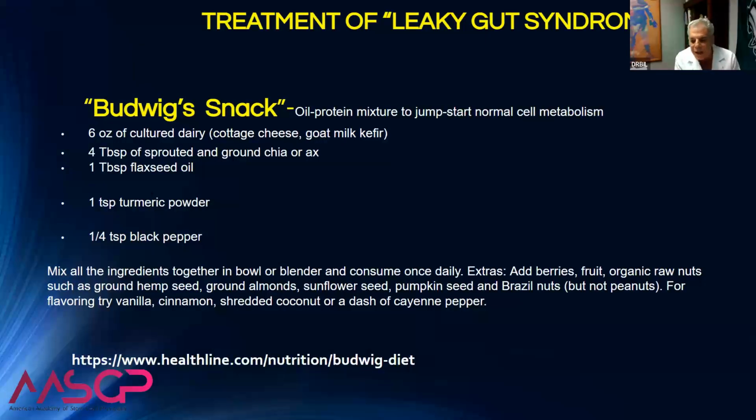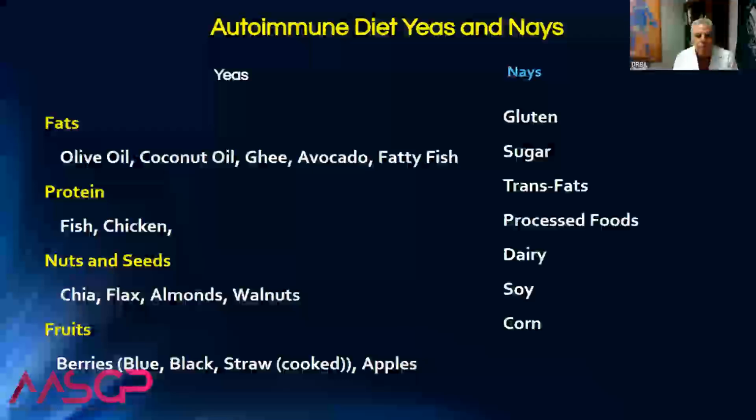Kind of use that as a snack. It's a sort of healthy snack, but it would help with gut healing. Added some berries and fruits, and pumpkin seeds, sunflower seeds. The formula is right there. Stay away from peanuts, and it helps to heal the GI tract. Again, she wrote about this in 1952, so this is not anything that's really new.